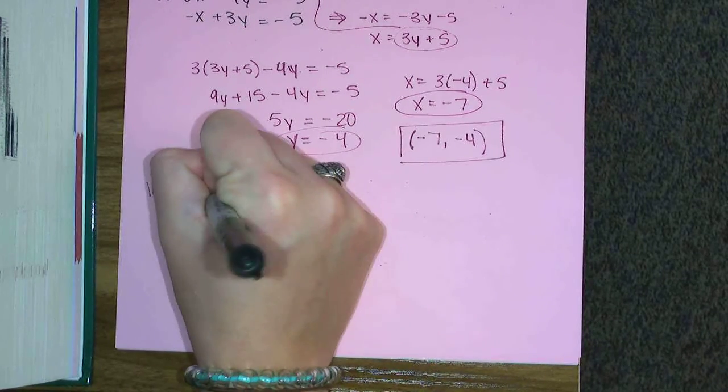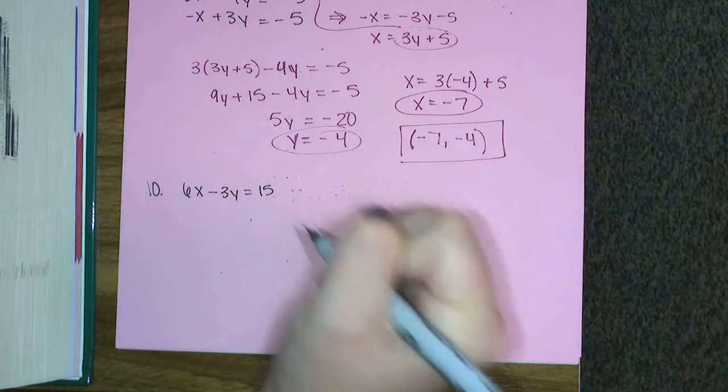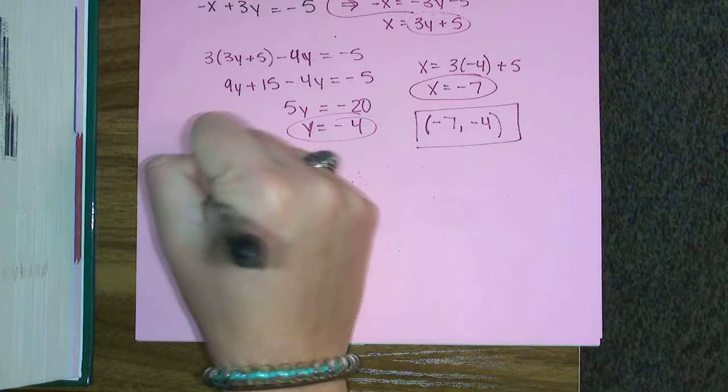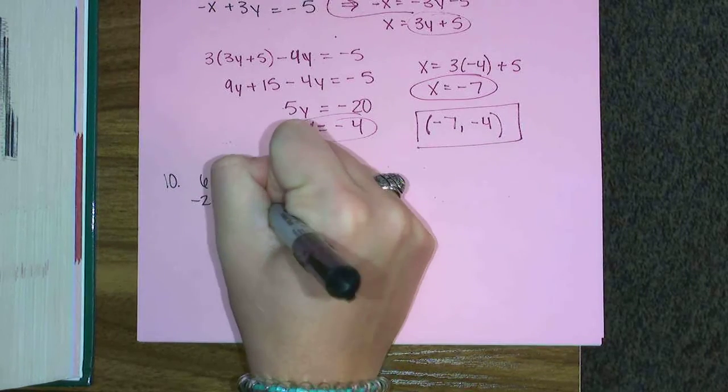6x minus 3y is equal to 15. Negative 2x plus y is equal to negative 5.